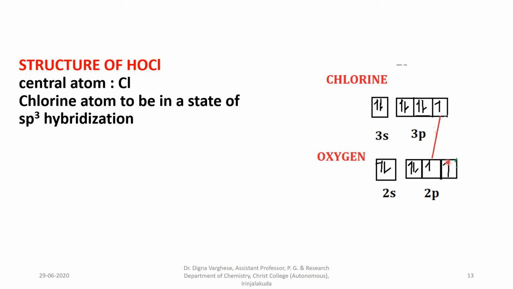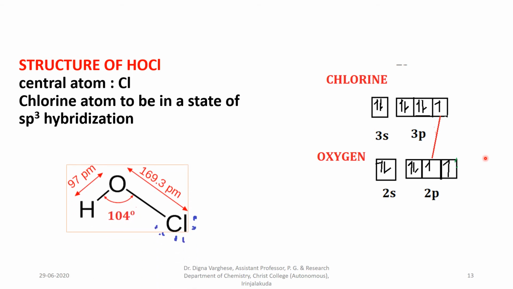This 2p orbital of the oxygen atom connected to the hydrogen atom and forming the structure HOCl having bond angle approximately equal to 104 degree. In this molecule, chlorine atom has 3 sp3 hybridized lone pairs. Okay, 1 2 3, that is shown here.